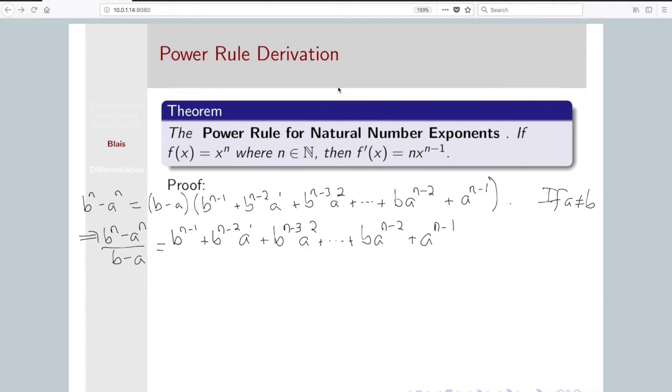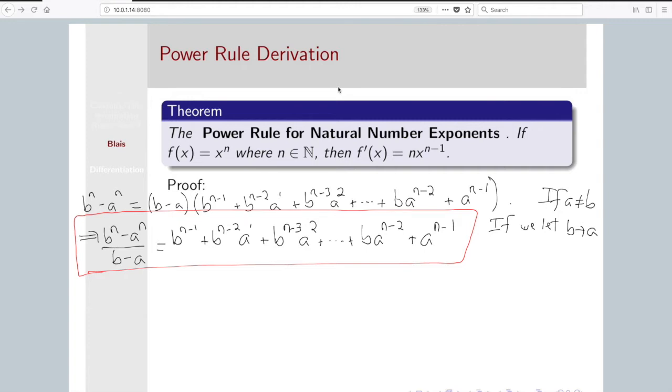Now, if we look at the right-hand side of our expression here, if we let b approach a, let's think about what happens.